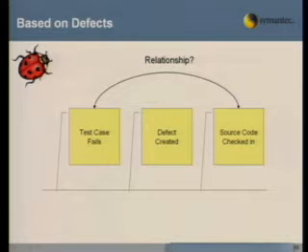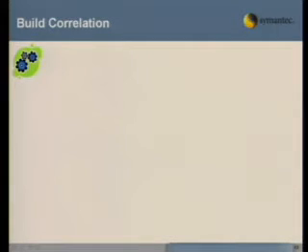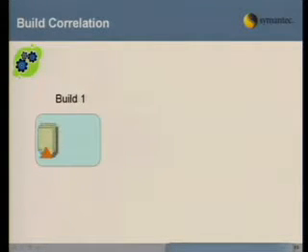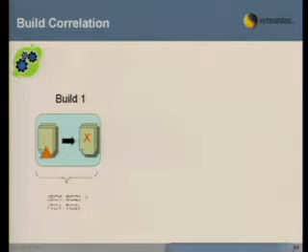You can make a set association from this and say, the set of source code changes that are checked in failed this set of test cases. You can continue this with successive builds, more source code check-ins, more test case failures, and more set associations. So here, source code 1 and 3 are associated with test case failures 3 and 5.